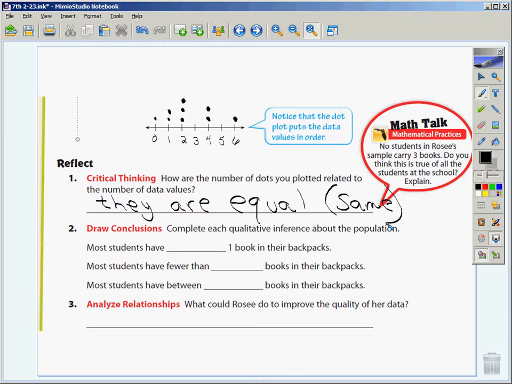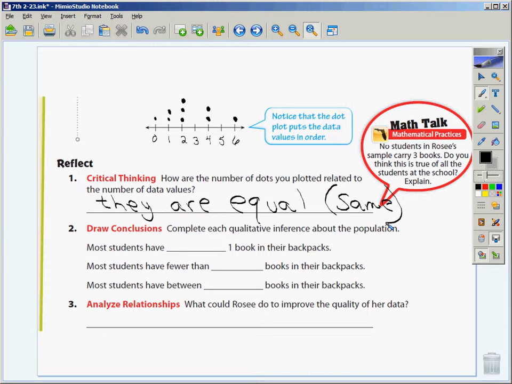Complete each qualitative inference about the population. Most students have blank 1 book in their backpack. If they want me to put a qualitative value, do they have less than 1, at least 1, more than 1? What can you tell me by looking at the plot?